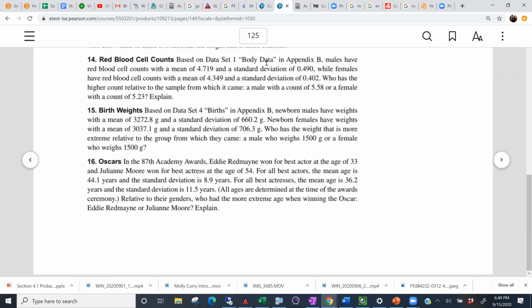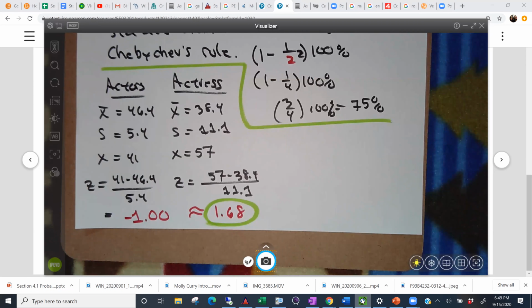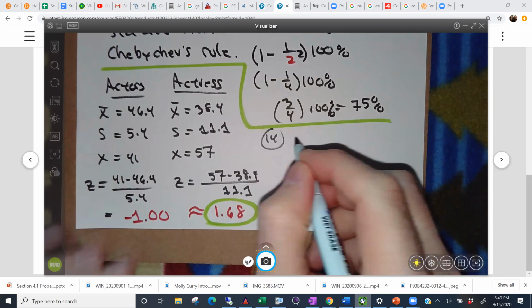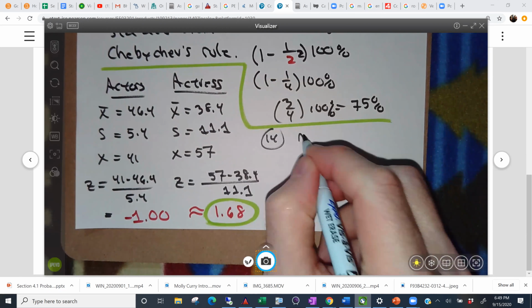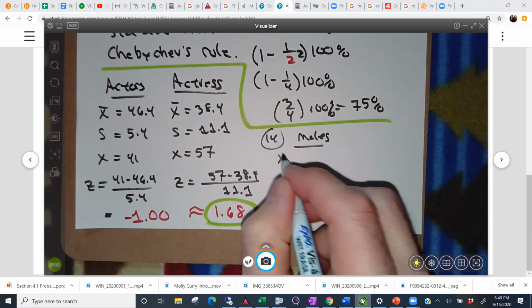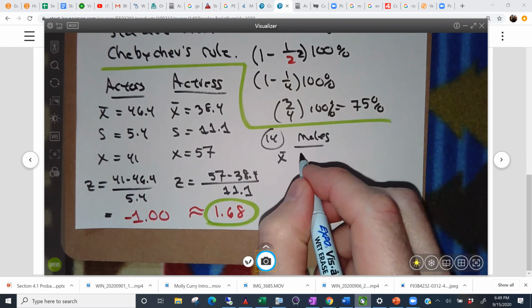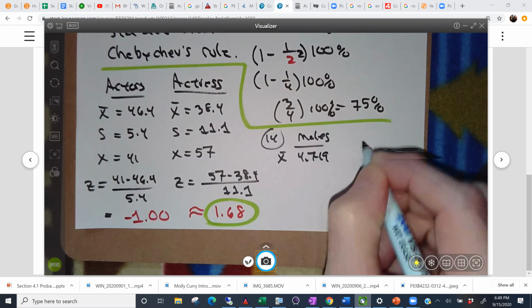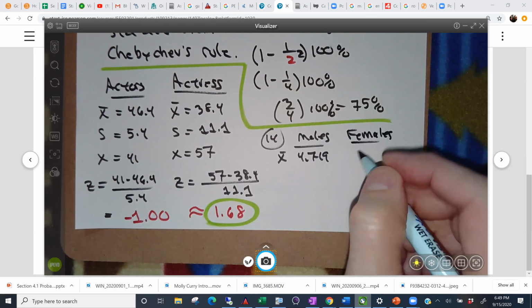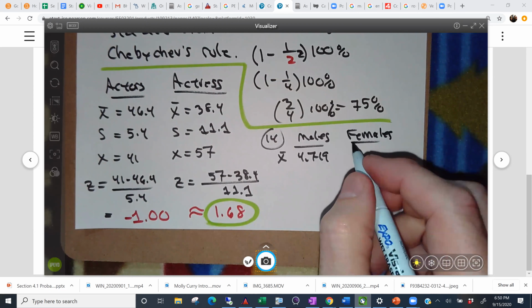And let me copy down for us all the relevant data from this problem. So this is example 14. For males, we've got X bar is 4.719. Females, it was 4.349.